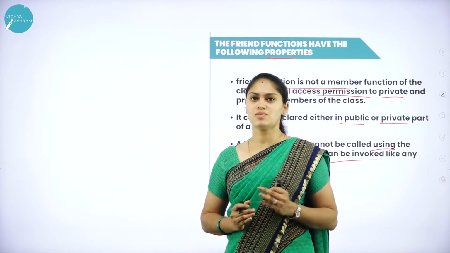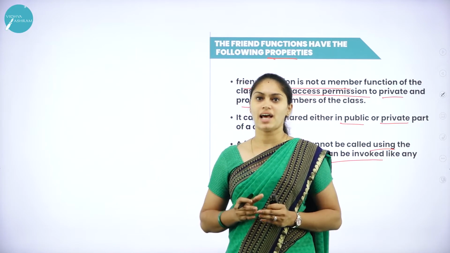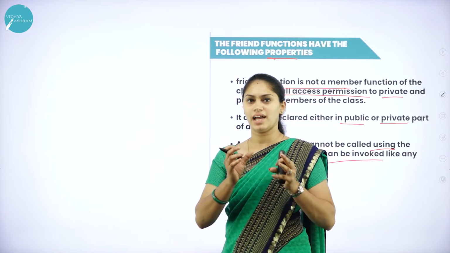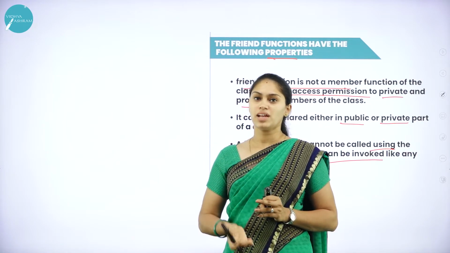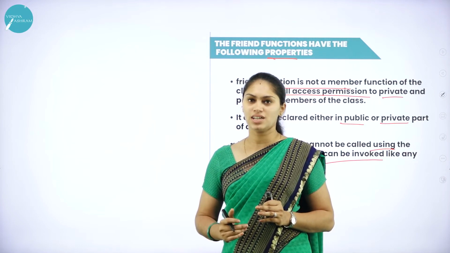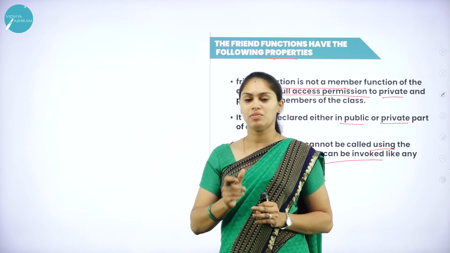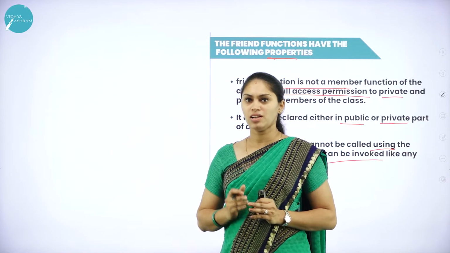While declaring this friend function, it can be declared in either public or private mode, with the help of the keyword friend. But when I am defining this friend function outside the class, I am not supposed to use the friend keyword or a scope resolution operator.